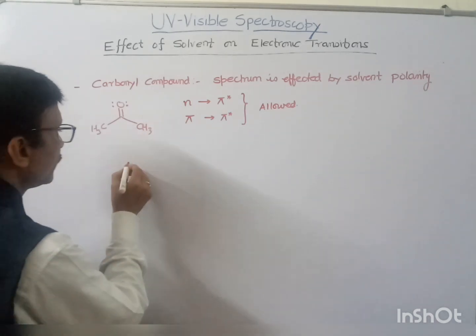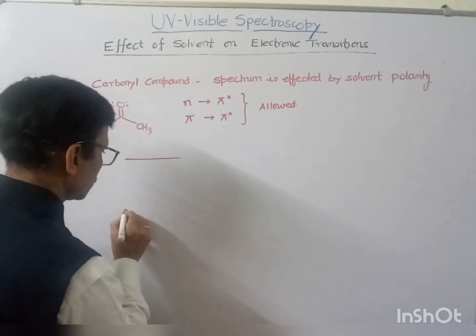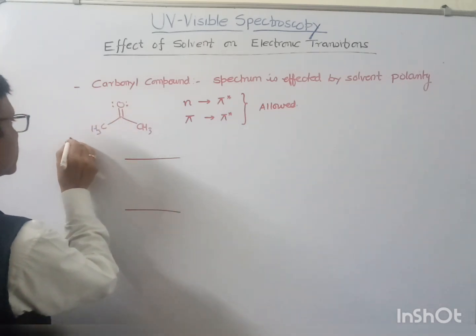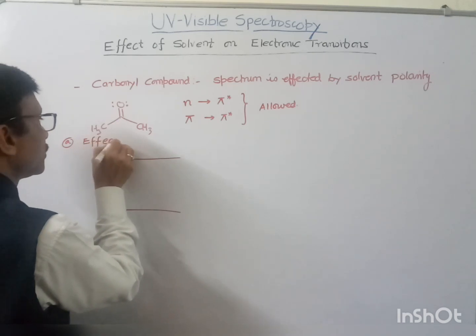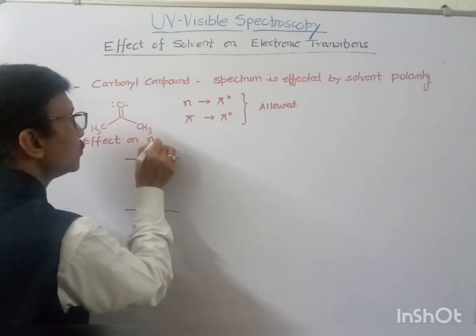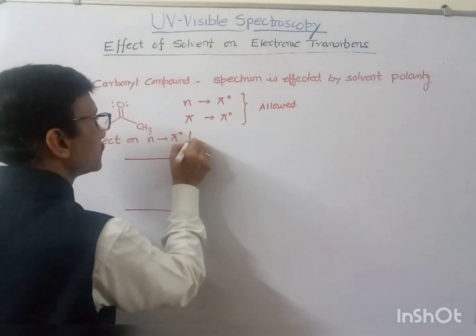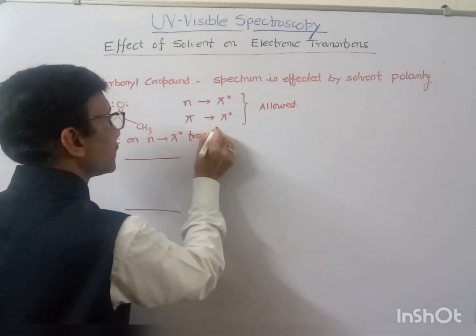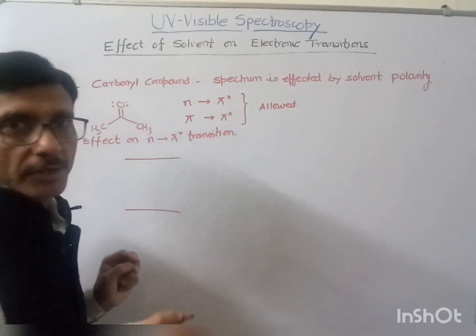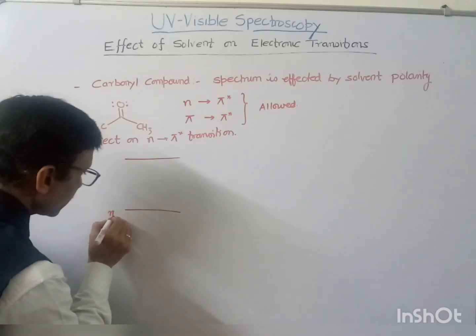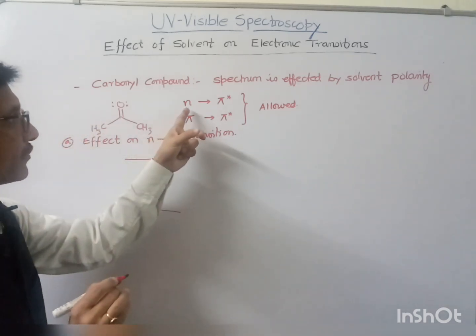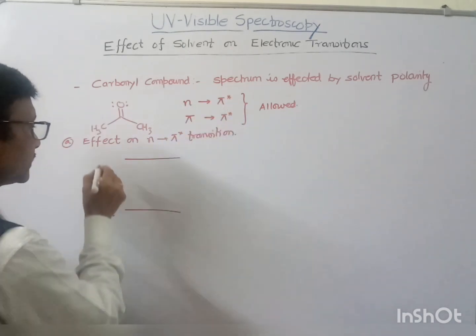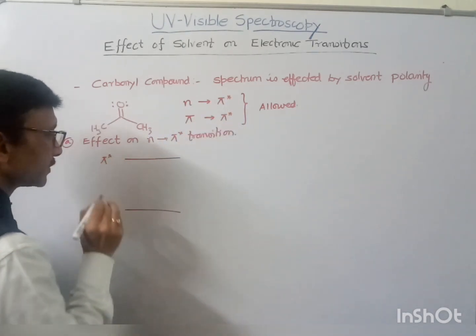First of all, let us see the effect on the n to pi star transition. The n electrons are present in the ground state and the transition takes place into the excited state, that is the pi star molecular orbital.